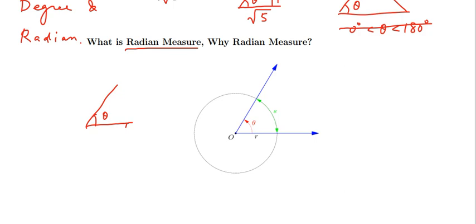So whether the angle is big or small is determined by this arc S. So if we turn to here, the angle is big, then this arc S is also big, right? So to measure the angle is big or small, we can use this S.